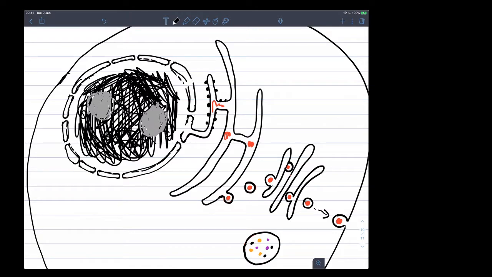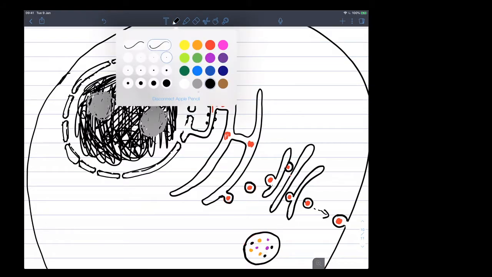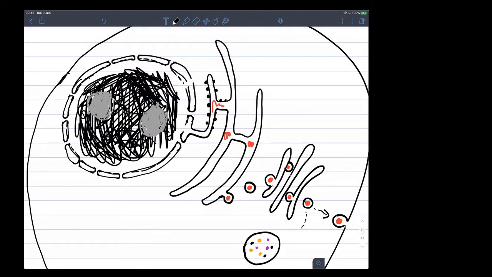And it might be that the protein that was synthesized was a hydrolytic enzyme destined to be added to the hydrolytic enzyme content of this lysosome. And so it might be that the destination of this vesicle is actually to go ahead and fuse with this lysosome, thereby delivering this enzyme to that lysosome. So that could equally have been its destination also. Okay, so just to be aware of that.